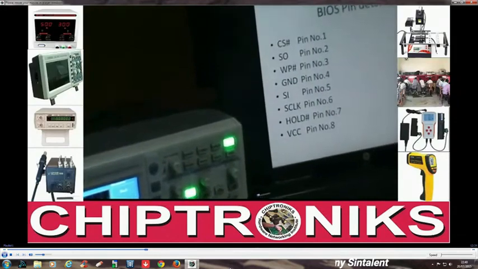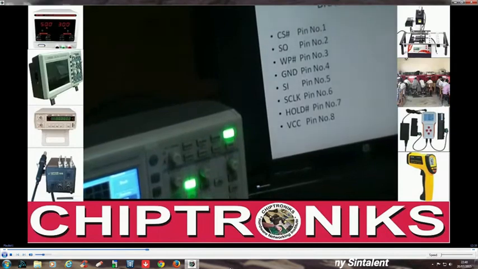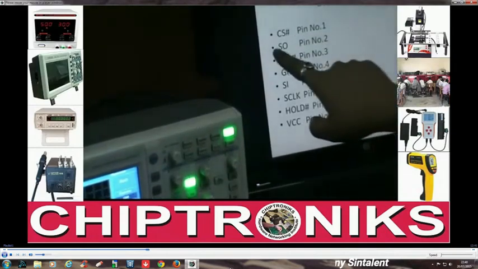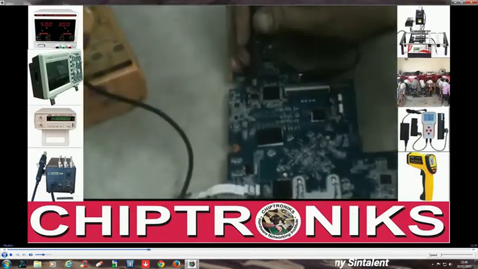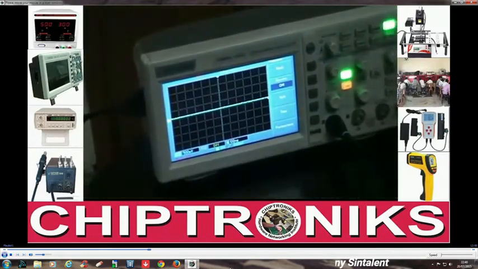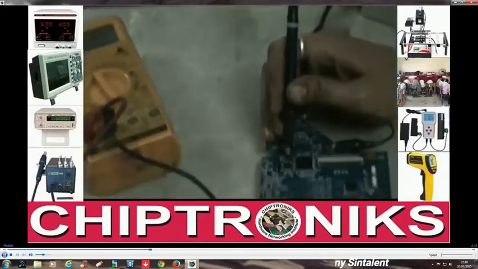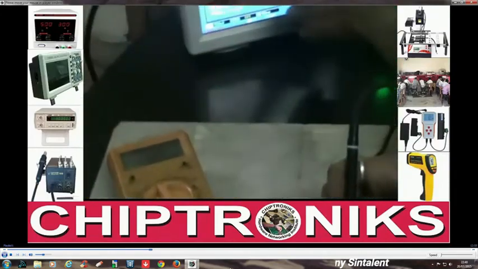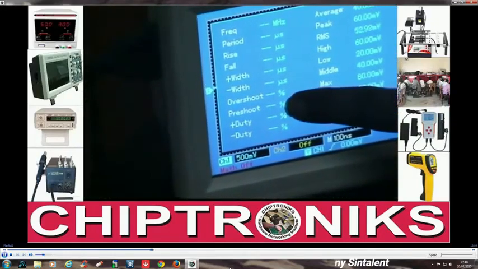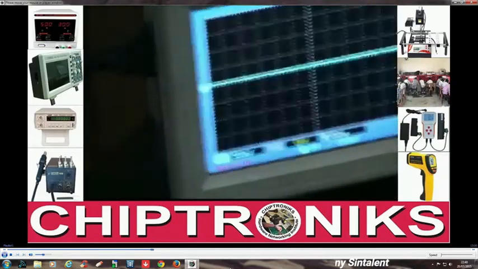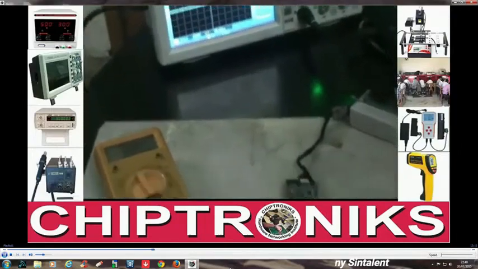Here we check whether our BIOS IC is working or not, whether the inside file is working or not. On pin number 2 I am not getting any kind of volts or signals. Look, we could not see any signal, and we cannot get any frequencies. Look, nothing. It means this BIOS is not functioning properly.